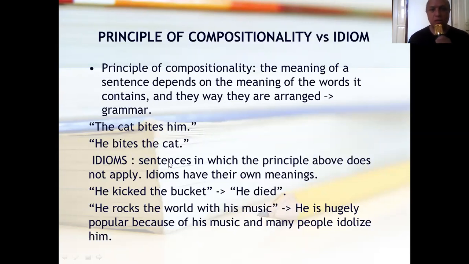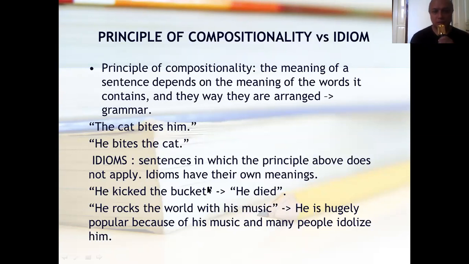Idioms are sentences in which the principle above does not apply. You cannot apply the principle of compositionality in idioms because they have their own meanings. So let's see the example, "he kicked the bucket." Now you cannot apply the principle of compositionality here. You imagine that there's someone and there's a bucket and then he kicked the bucket.